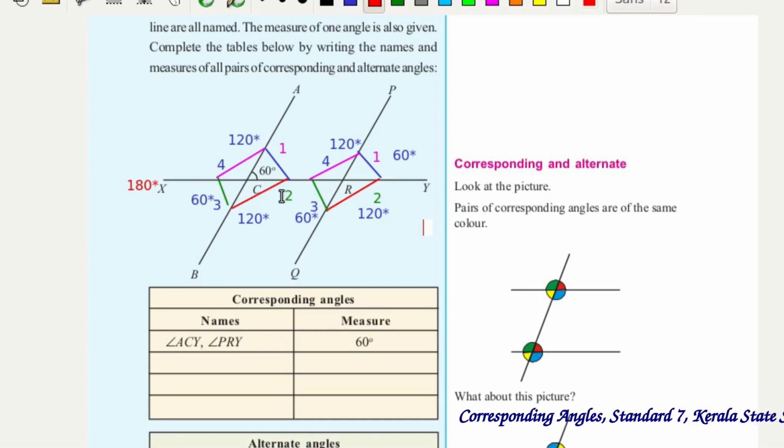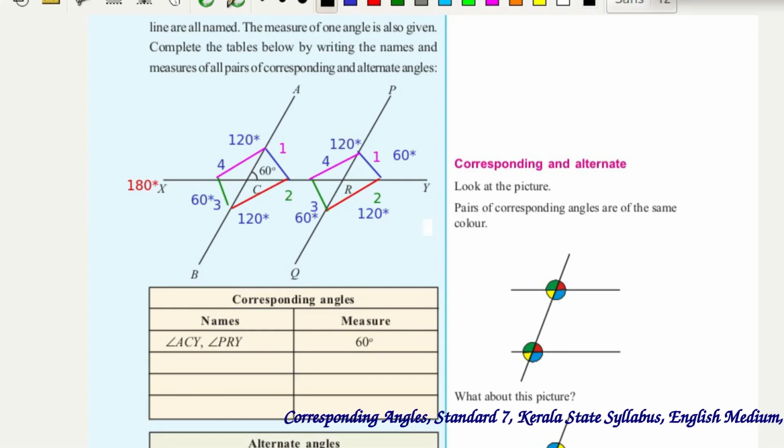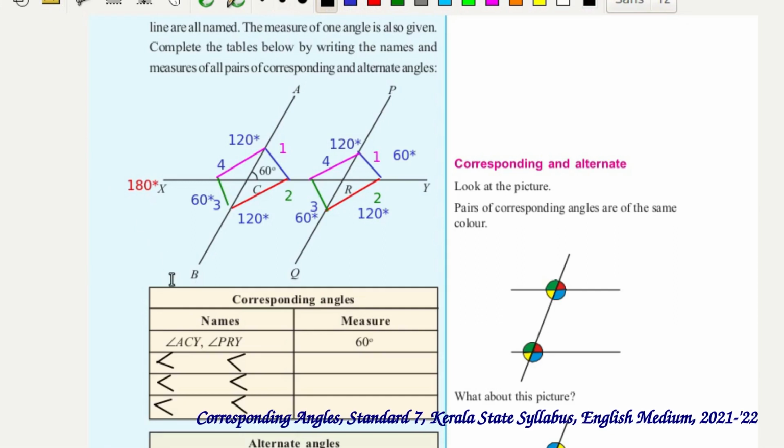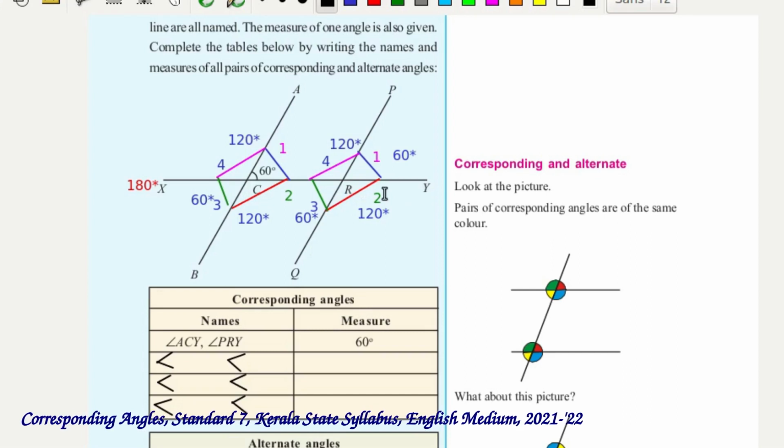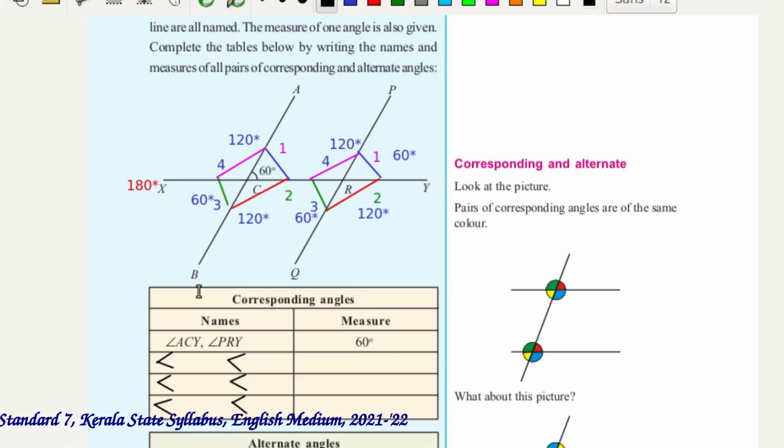Let's write here angle BCY and angle QRY.